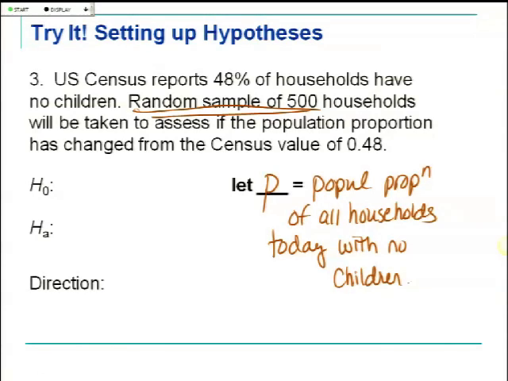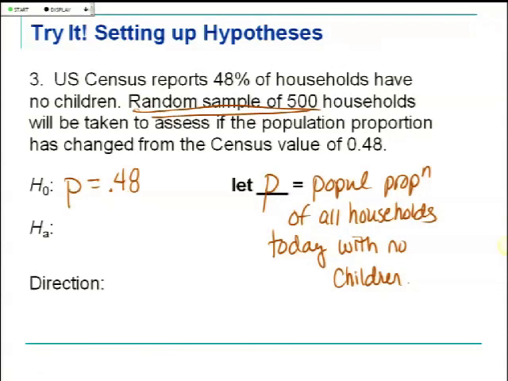What's the status quo? What would be the prevailing viewpoint under the assumption that there's been no change? The value of P should still be 48%, 0.48. That's the status quo. Statement of no change, that it's still 48% like the census reported a few years back. The alternative is looking for what here? I want to know if it's changed.